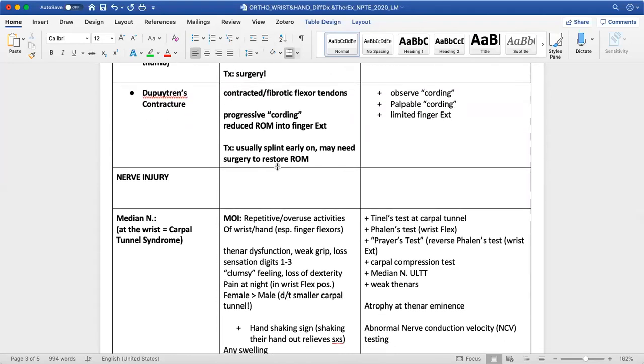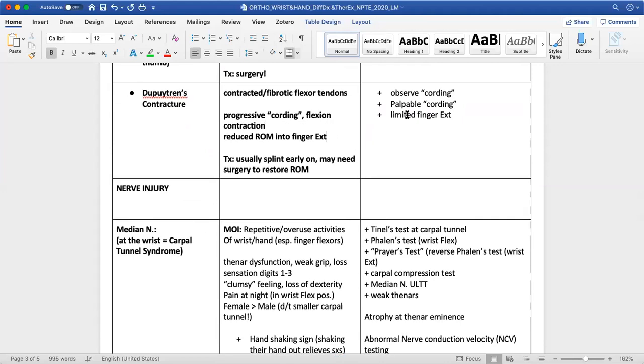Another injury that we see to tendons in the hand is Dupuytren's contracture, which is a contracted or fibrotic flexor tendon where there's kind of a progressive cording or thickening and progressive flexion contracture of the digits involved.